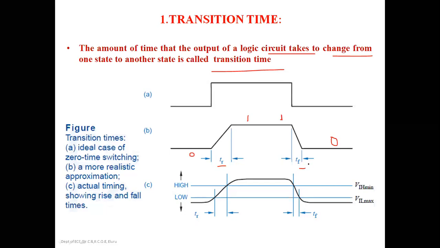So why can't the output change instantaneously? Because in the practical version, the output circuits experience stray capacitance, which comes from the connecting wires as well as the other devices present in the circuit and driven by the output of the circuit.